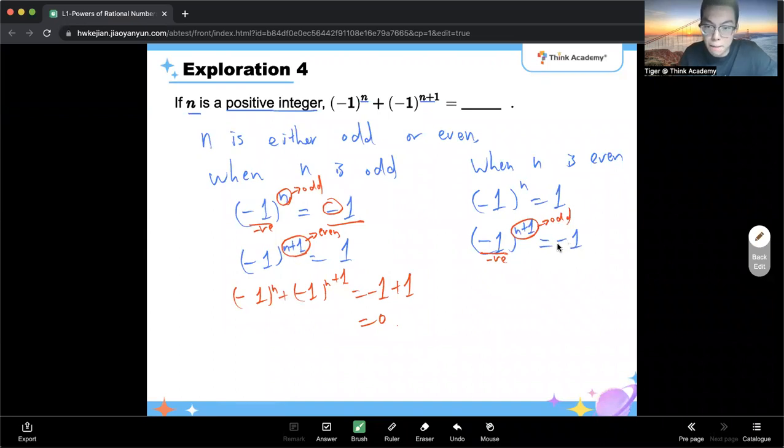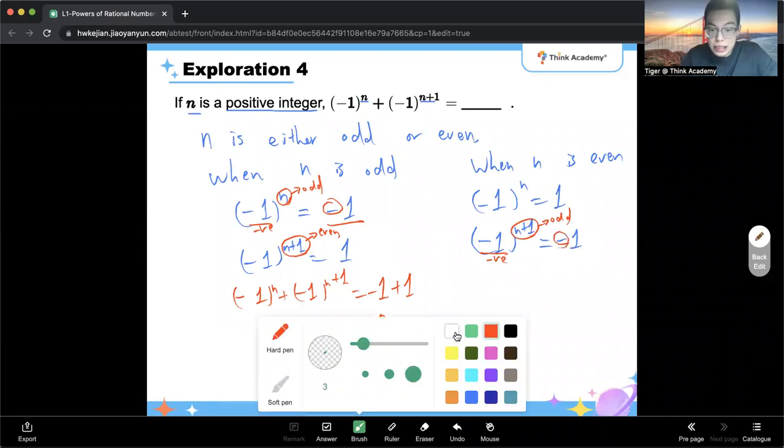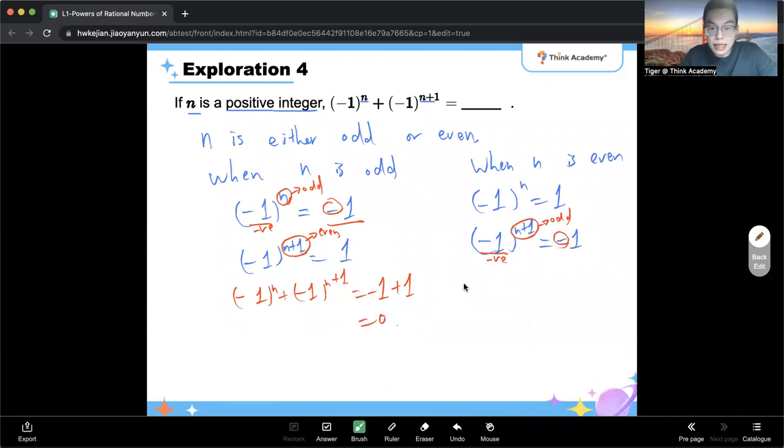So we are getting a negative outcome, which means that in the second case, it is still 1 adding -1, which is 0. Okay. So in both cases, it's going to be 0, which means that the answer is 0.